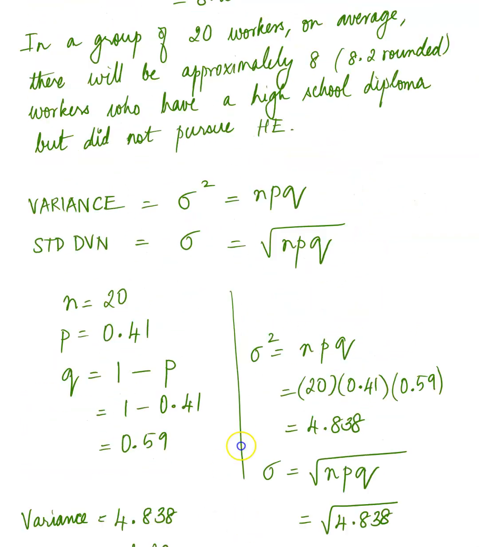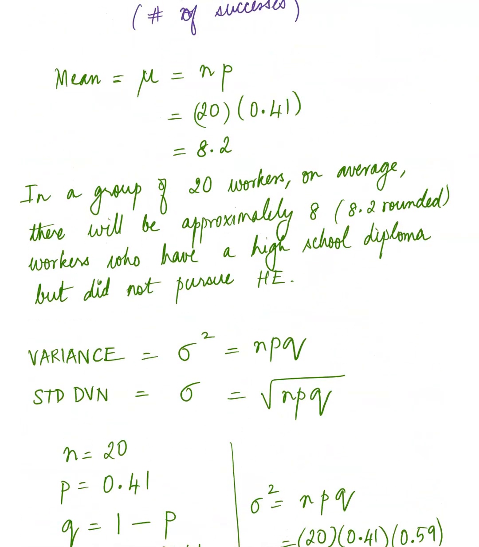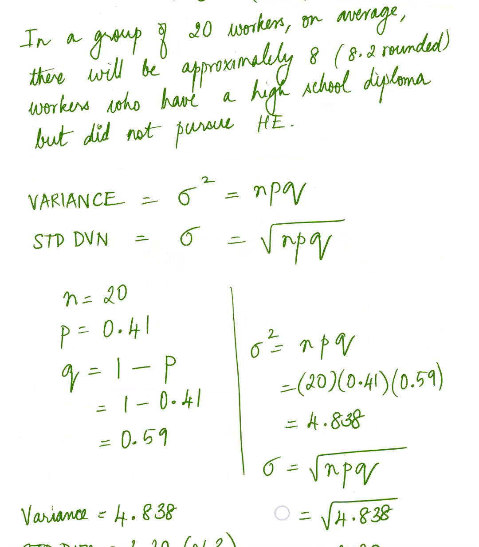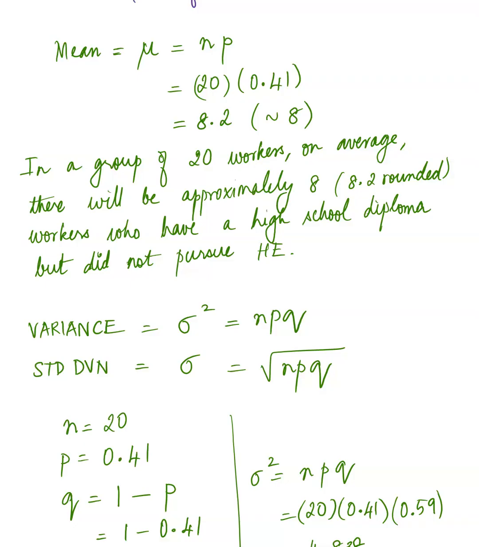So what this means is if you come back here to the mean, again, this mean is rounded to 8, right? So we have 8 as there'll be approximately 8 workers who have a high school diploma but did not pursue higher education. But with the standard deviation of 2, right, this is approximately 2 now. When you interpret, you want to approximate it that way. So you'll say you can have 2 up or 2 below.